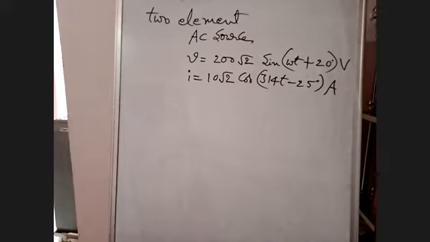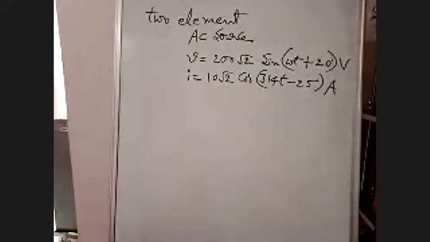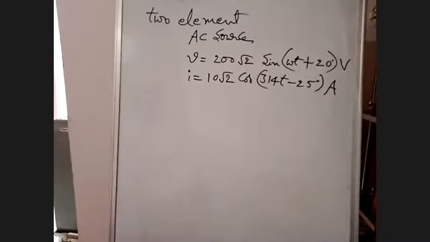If current lags the voltage, then you can say it is an inductive circuit. If current leads the voltage, it is a capacitive circuit. Yesterday I told this in the derivations of L and C. If it is an inductive circuit, that is an RL circuit. If it is a capacitive circuit, that is an RC circuit.